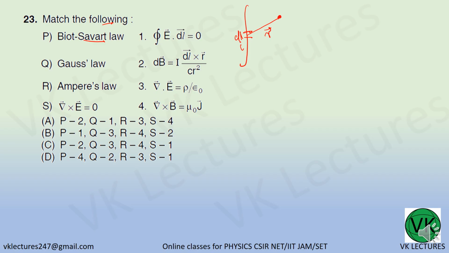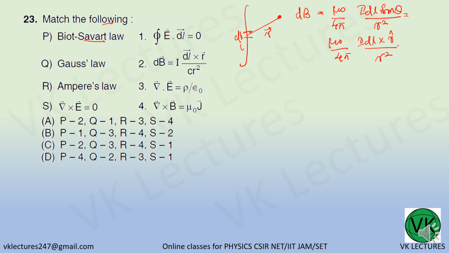The small magnetic field dB is equal to mu naught by 4 pi into I dl sin theta divided by r squared. Now this is nothing but mu naught by 4 pi I dl cross r cap divided by r square.